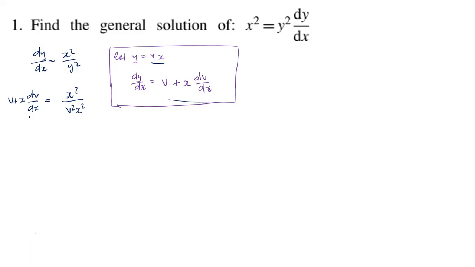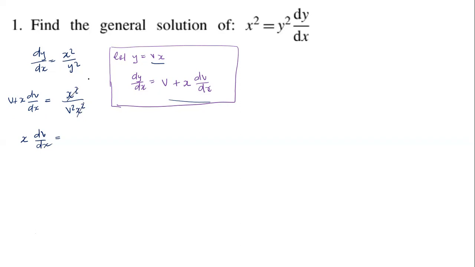Now, after performing this substitution, the aim is to do the separable variables as we did before the homogeneous. So I'm going to transpose my v to the other side of the equation. On this side, I'm going to have x multiplied by dv divided by dx, and my x will cancel my x.